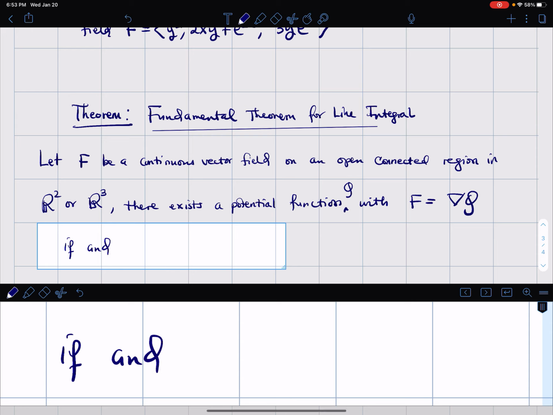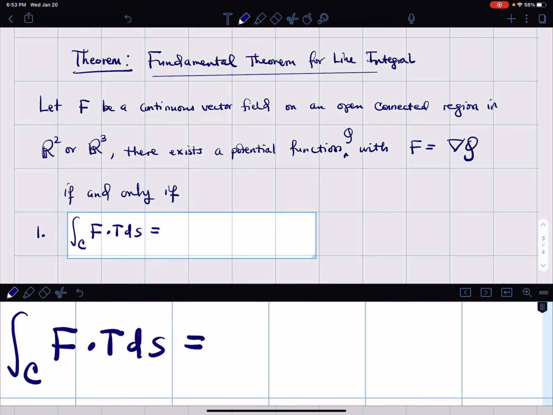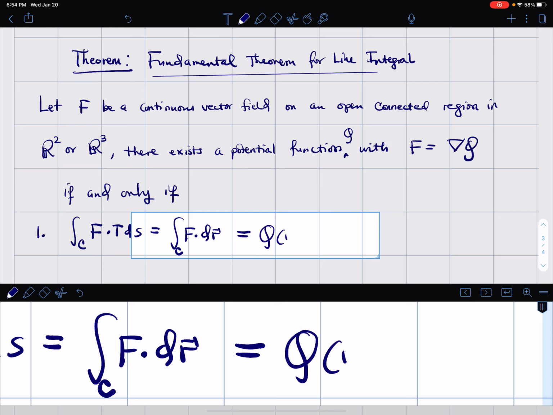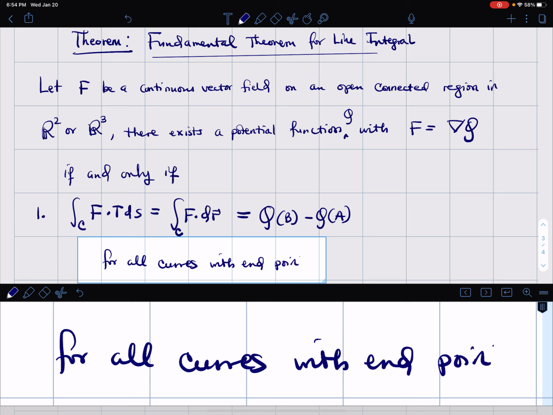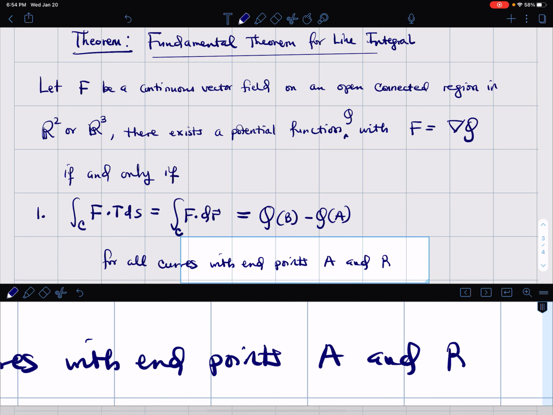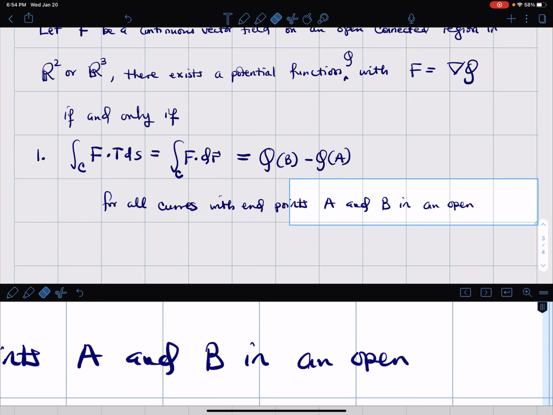If and only if, one, the line integral of F dot T ds, which is equal to the line integral F dot dr, we talked about this in section 2, is equal to phi of B minus phi of A, where C is for all curves with endpoints A and B in the open region, okay?